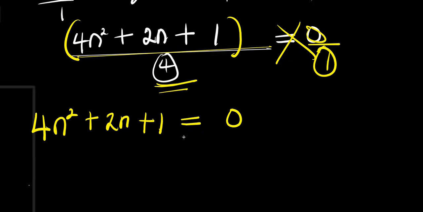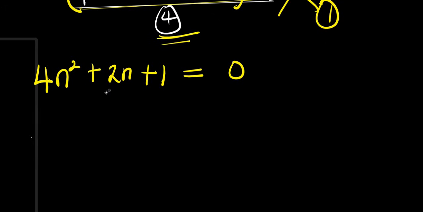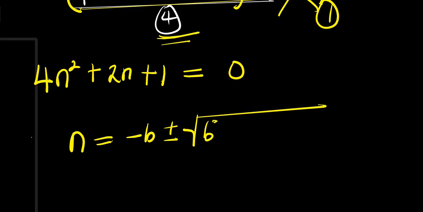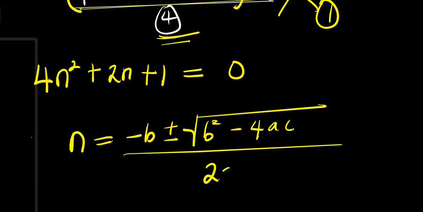So from here, I can apply the formula method of solving quadratic equations, and the formula method is n equals negative b plus or minus square root of b squared minus 4 times ac, divided by 2a.